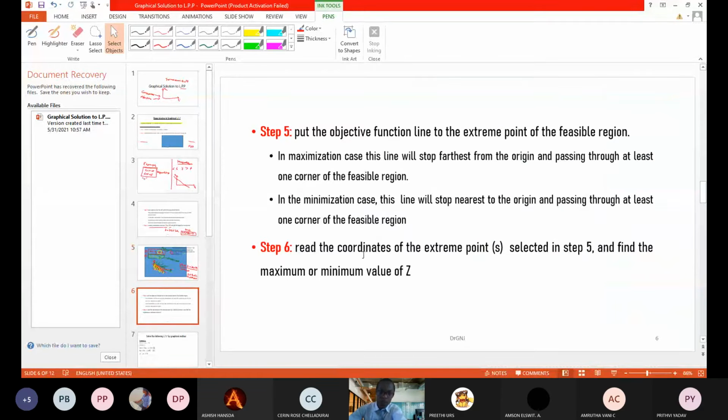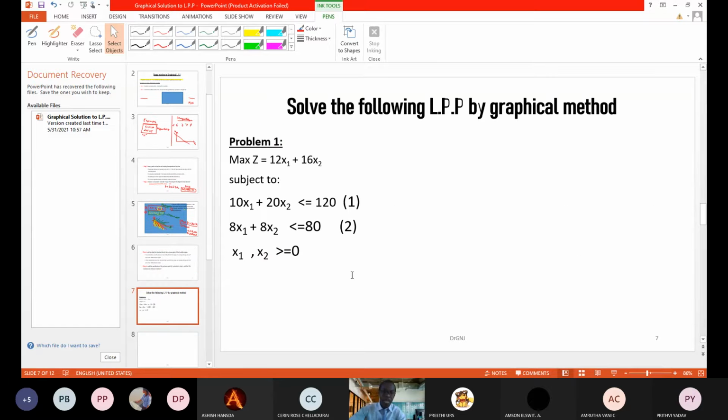Point number 6: read the coordinates of the extreme points selected in step number 5 and find the maximum or minimum value. These are the steps we are going to follow to solve a problem. Now here we have a problem, which we are going to construct using the graphical method.